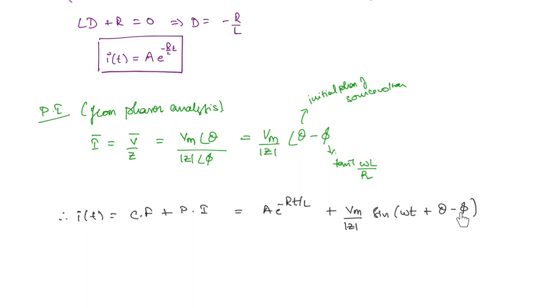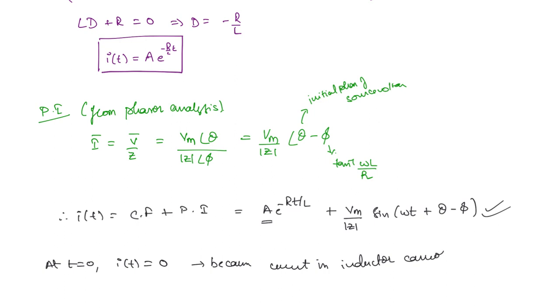This will be the phase, and Vm by mod Z will be the magnitude. This is the expression for current, but we have the arbitrary constant to be found out. Okay. At t is equal to 0, the current is equal to 0 because current in inductor cannot change abruptly.